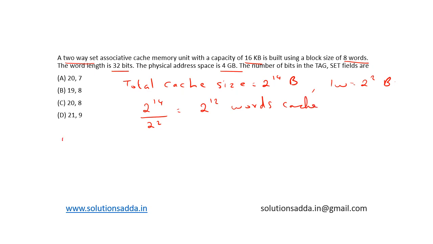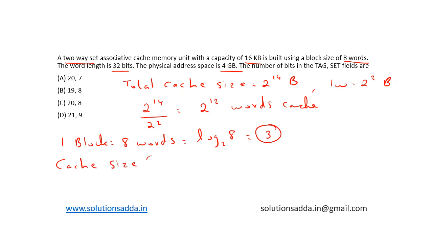Now one block is equal to 8 words. So block offset is log base 2 of 8, that is 3 bits. Now cache size in blocks: we have 2^12 words, and the size of one block is 8 words.